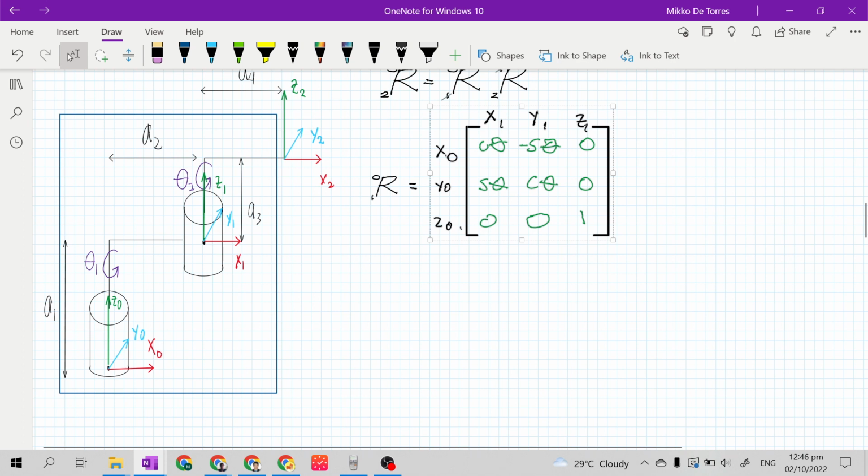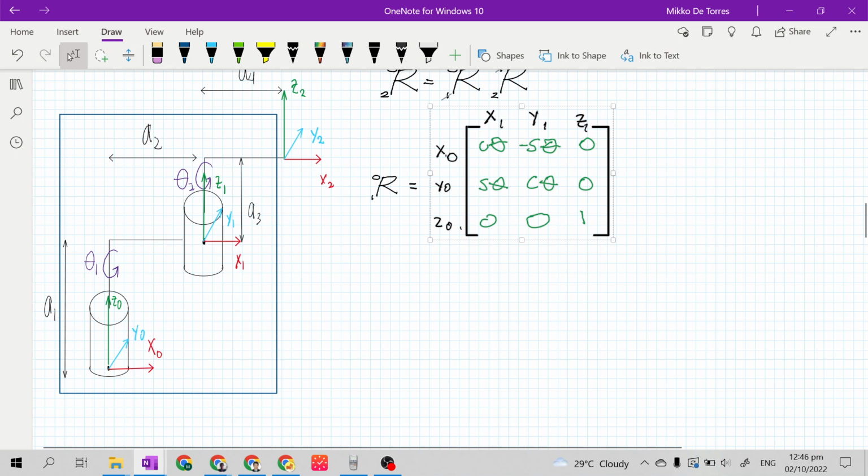With this z rotation matrix, we also need a rotation matrix for joint 1, because theta 1 is indicated at joint 1 at the z axis.